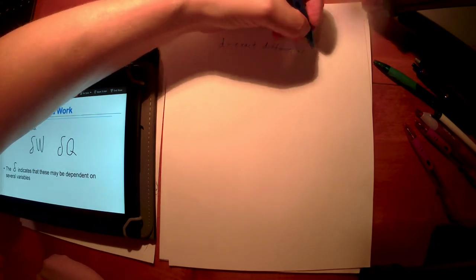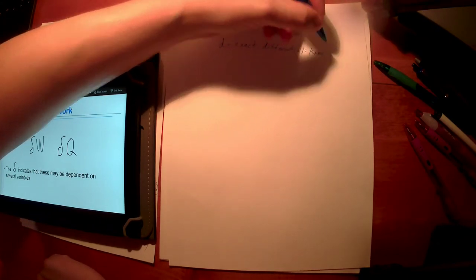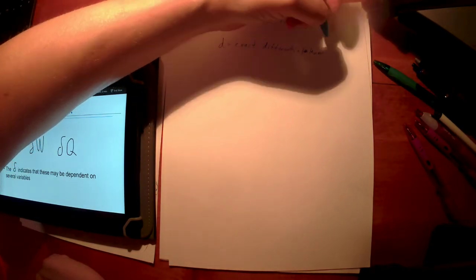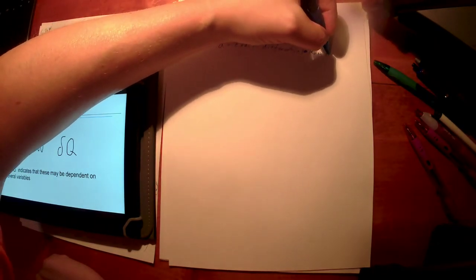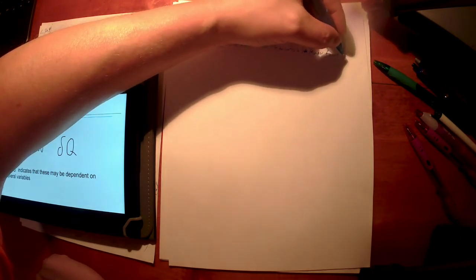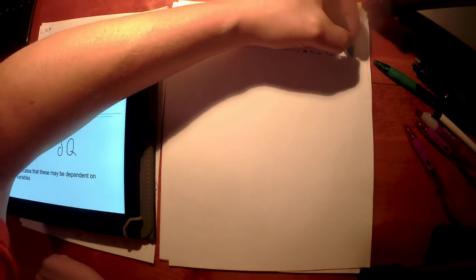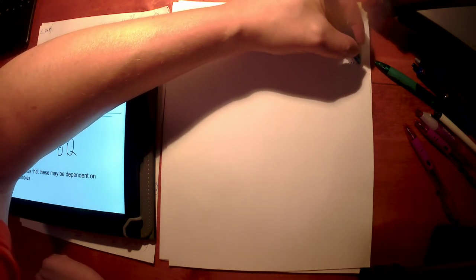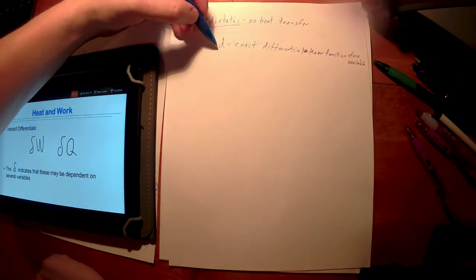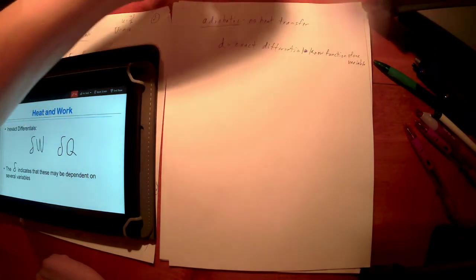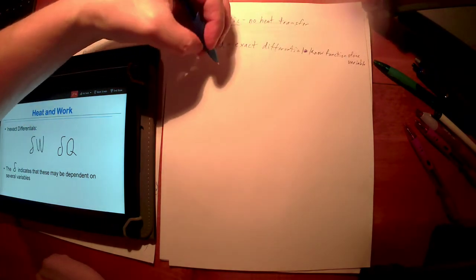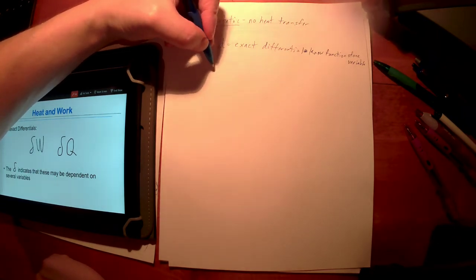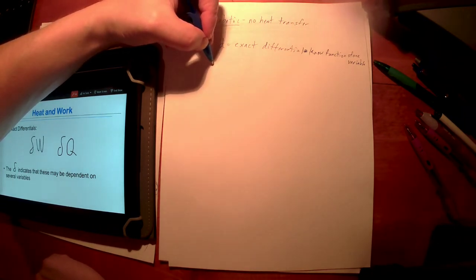What that means is we know it's a function of one variable. If I use a regular D, we know we're dealing with a function of one variable.